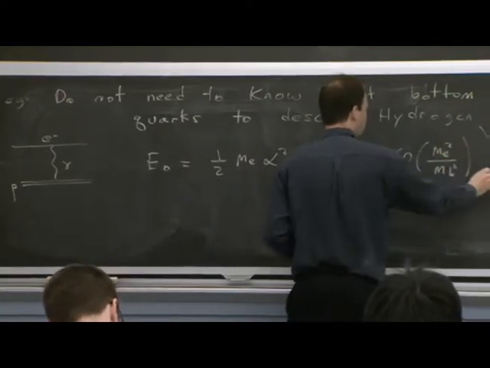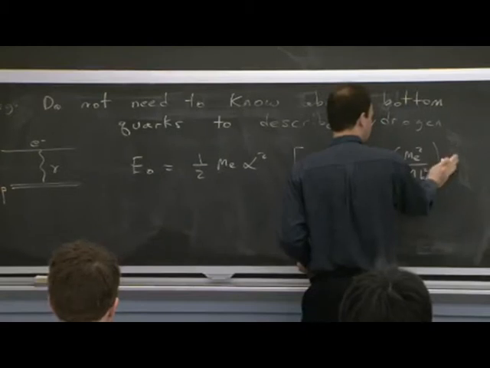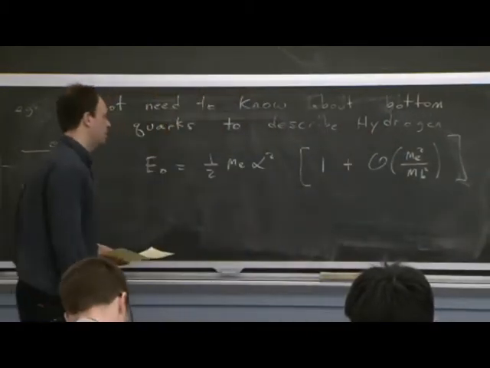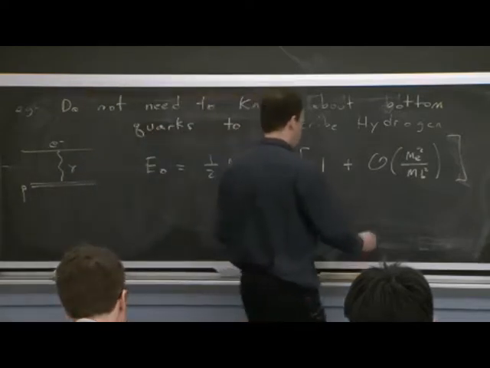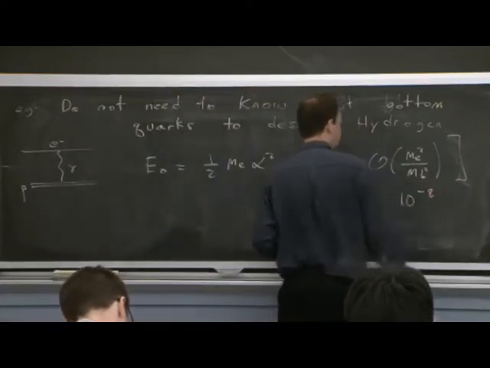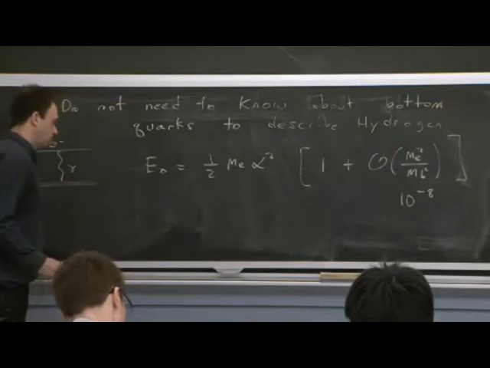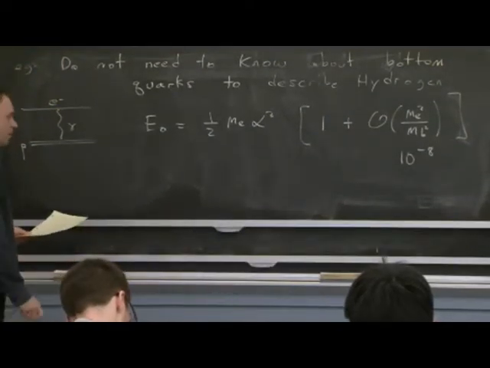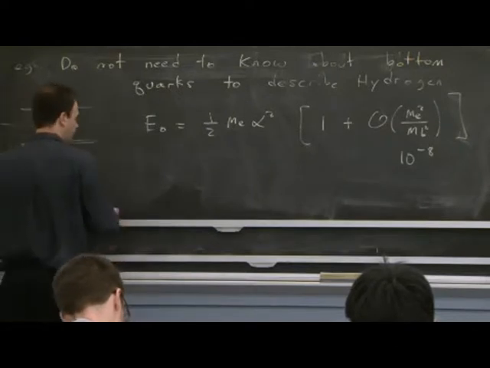They weren't negligible, completely negligible, at least at the level of how accurately we can measure this thing. Well, they're pretty small. They're at the 10 to the minus 8 level. Okay, and that's because they come in suppressed by the mass of the electron squared over the mass of the bottom quarks squared.